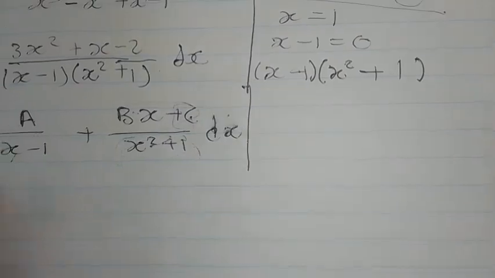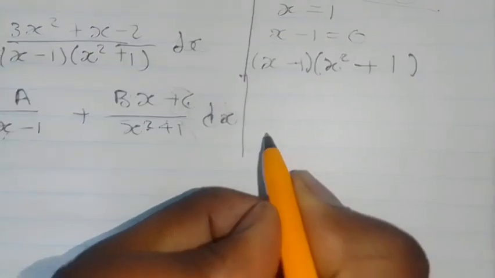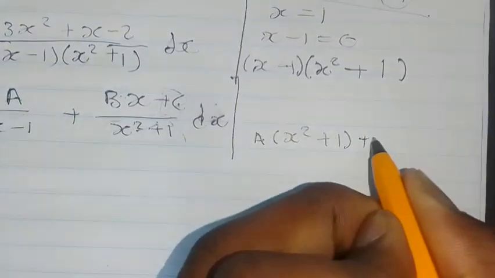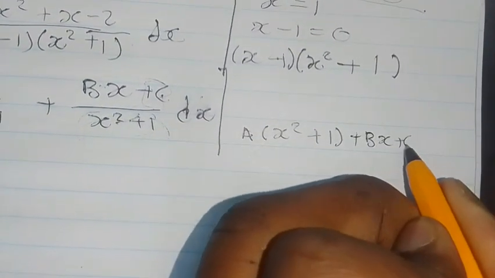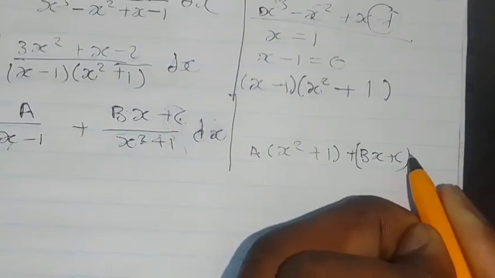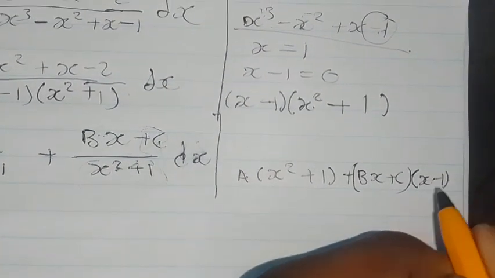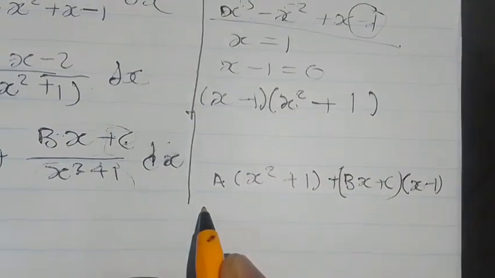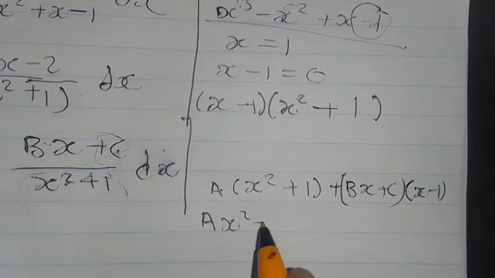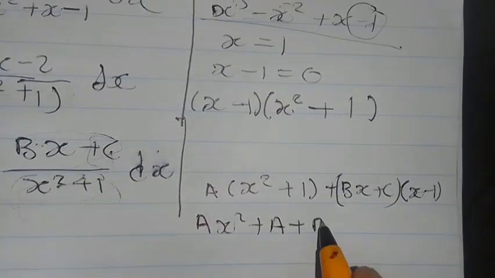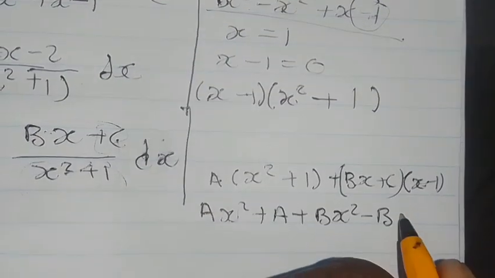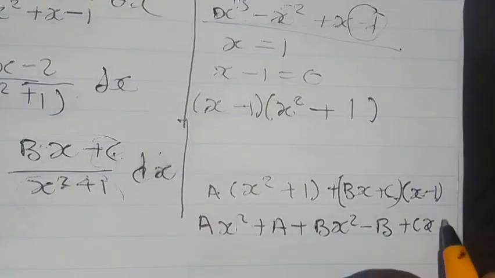So now it's just a matter of solving for a, b, and c. So a into x squared plus 1 plus bx plus c into x minus 1 will be the same as 3x squared plus x minus 2, but let me first expand that. So you'll have ax squared plus a plus bx squared minus b plus cx minus c.